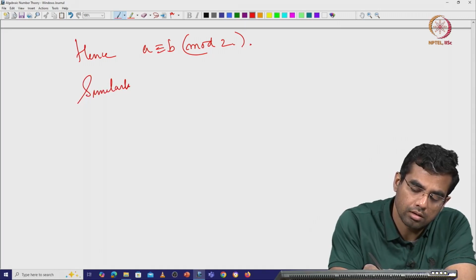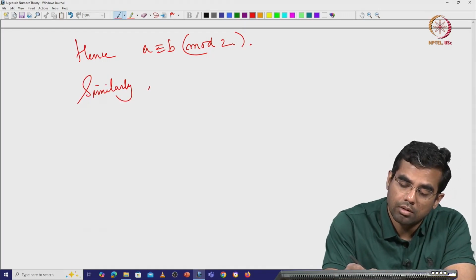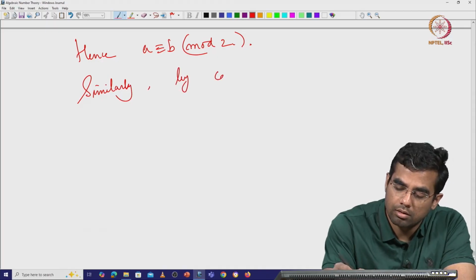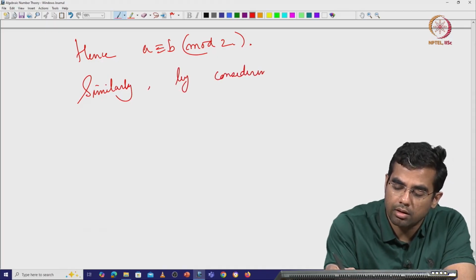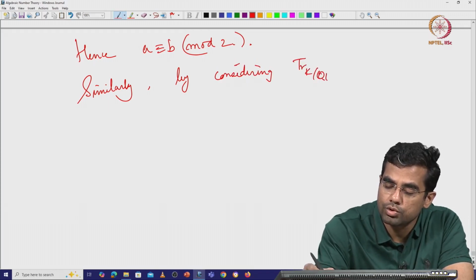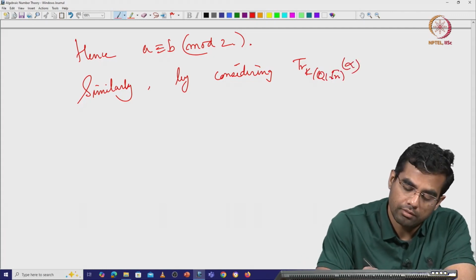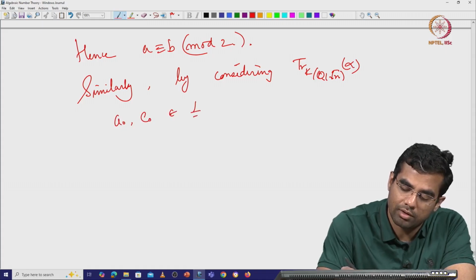So similarly, by considering the trace from K to Q(√n) of alpha, we get a0 and c0 in (1/4)Z.